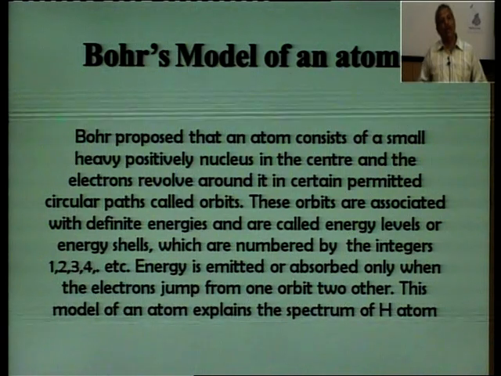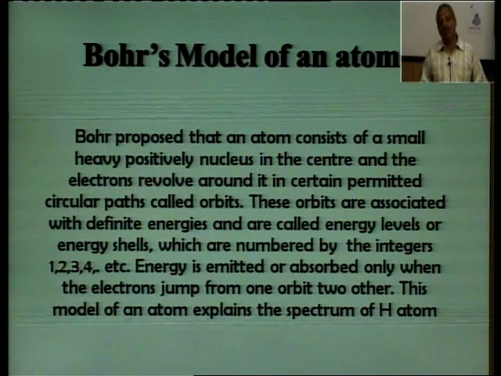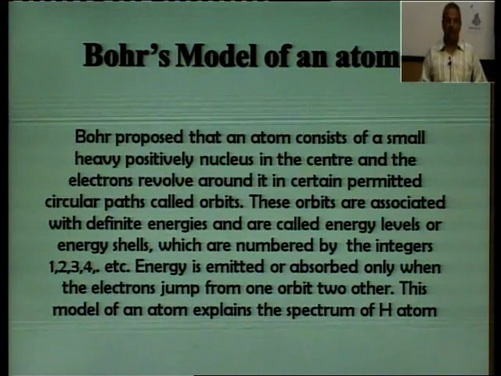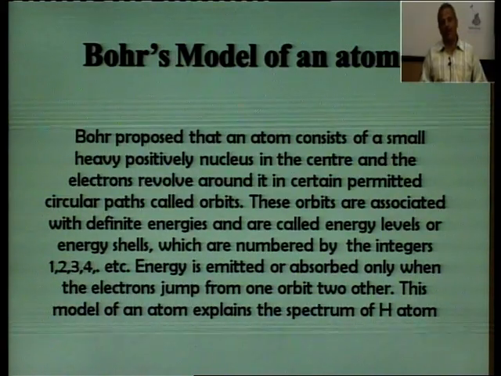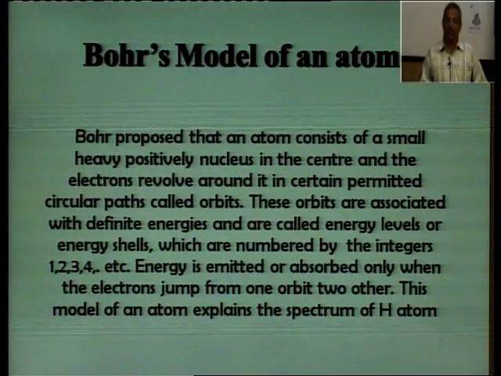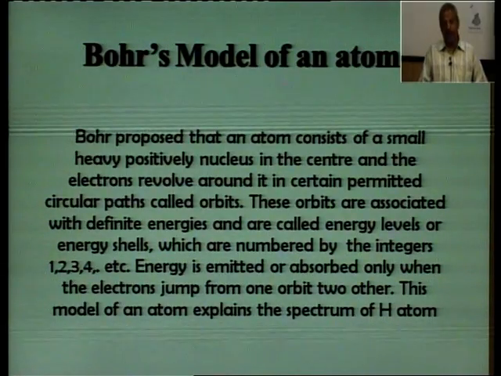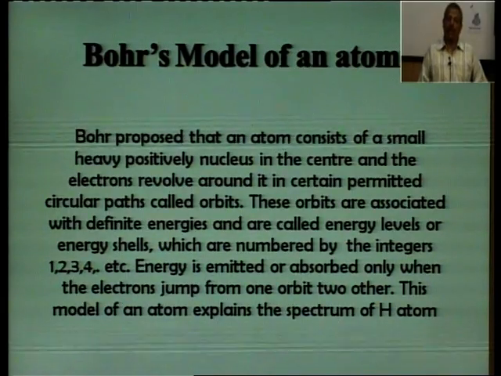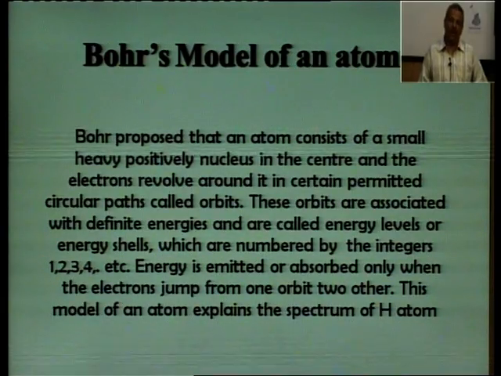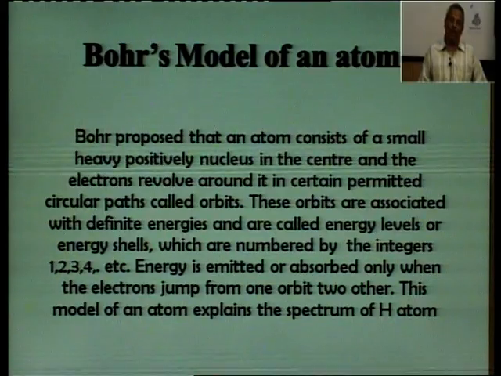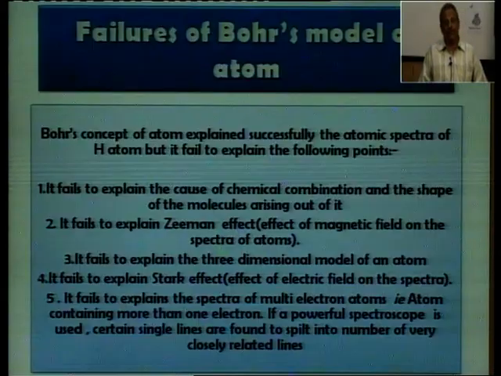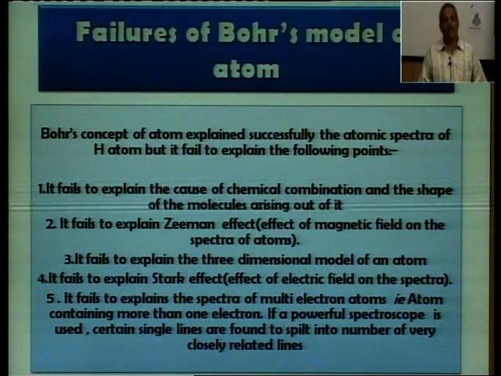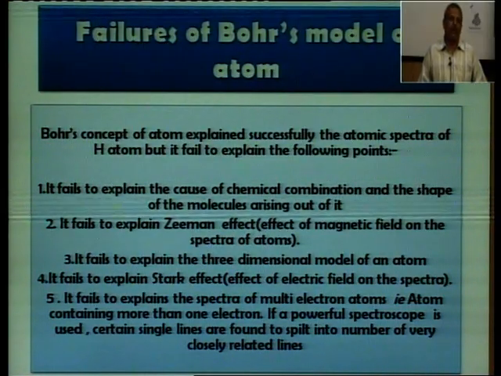This model of an atom explains the spectrum of the hydrogen atom. So Bohr's model explains only the spectrum of the hydrogen atom, and it does not explain the atomic spectra of other multi-electron atoms. So, there are some failures of Bohr's model of an atom.